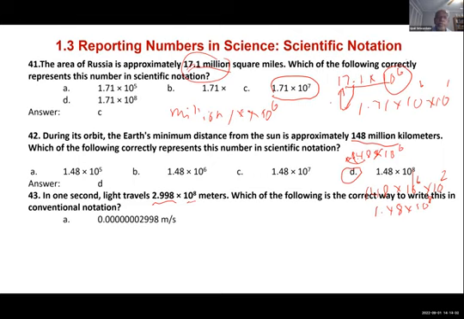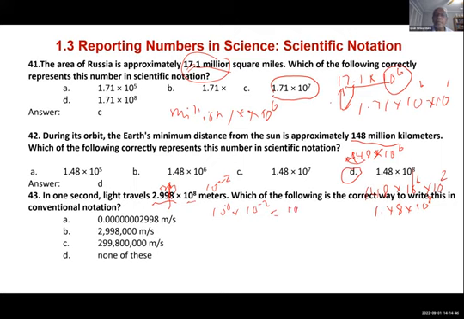You have to move the decimal place to the right. 8 minus 2 is 6. So how many zeros should there be in front of this number?